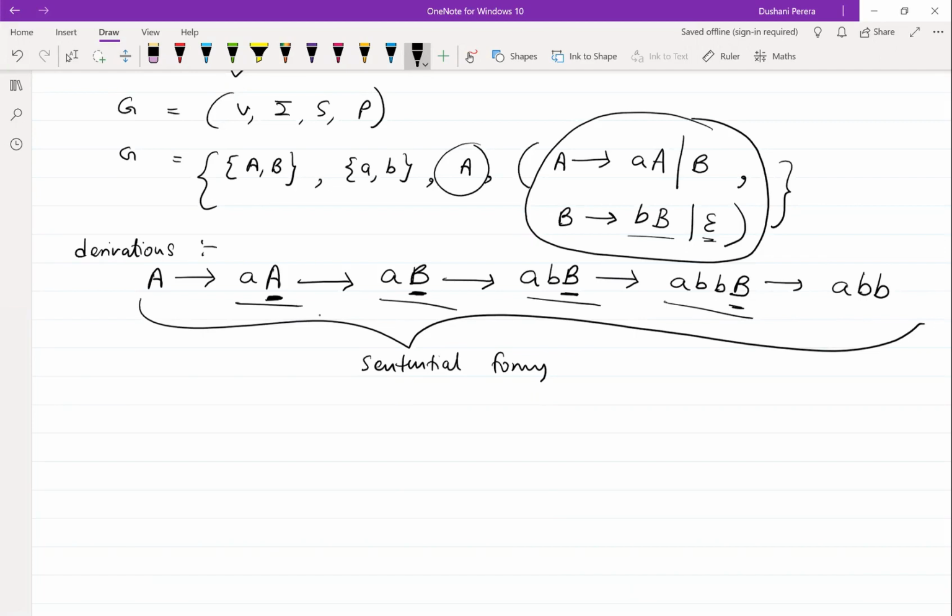Here we had only A, here we had only B, and likewise. And when there are no non-terminals, that's the end and we don't expand it further. So there is no choice as to which non-terminal to expand next.